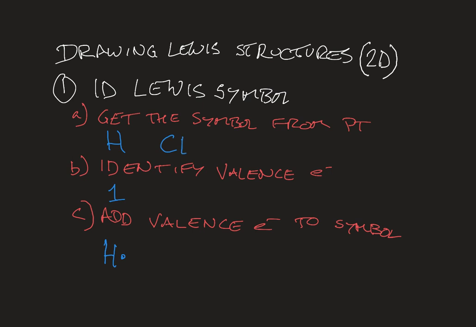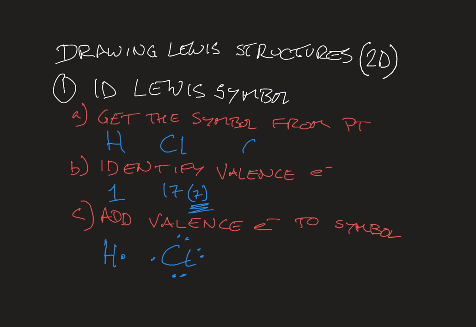Is in group 17, or we could say group 7 if we're not including the transition metals. It means that it's got 7 valence electrons, which means that it's going to go Cl, and then it's going to have 1, 2, 3, 4, 5, 6, 7 valence electrons. Okay, group 17, 7 valence electrons.